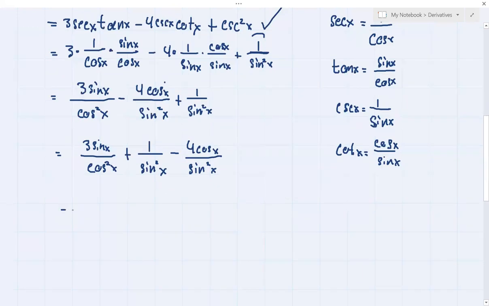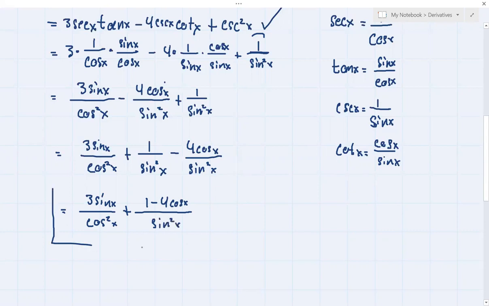Then, let's add them together. So, we will have the answer of 1 minus 4 times cosine x all over sine squared x. Yan na yung magiging final na sagot ko. O, diba?